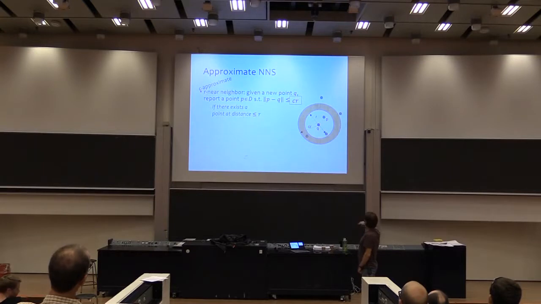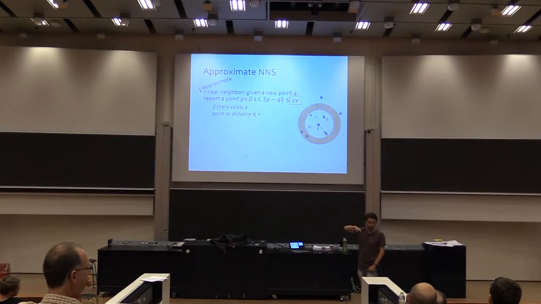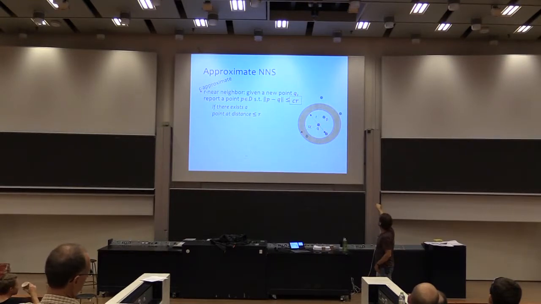We need to report any point within this bigger ball, CR, say 2R, as long as there is some point in this smaller ball. Okay? So if there is a point within the smaller ball, the data structure is relaxed to output something from the bigger ball. If there is nothing inside, then the data structure may or may not report something in this bigger ball.